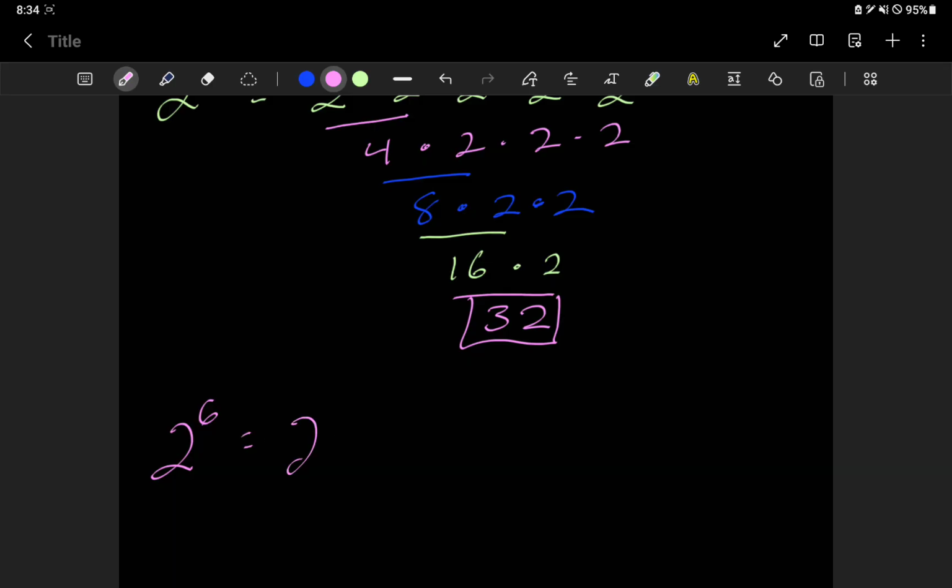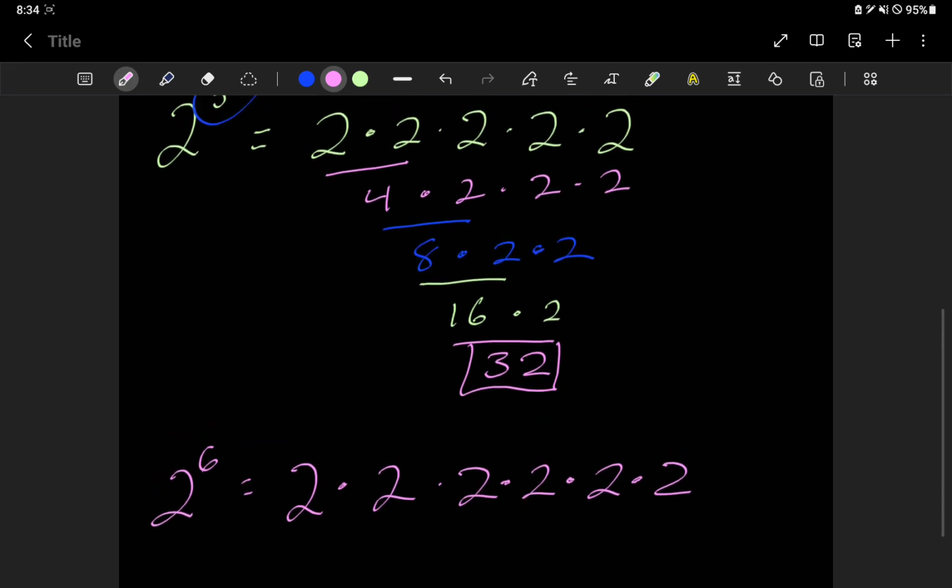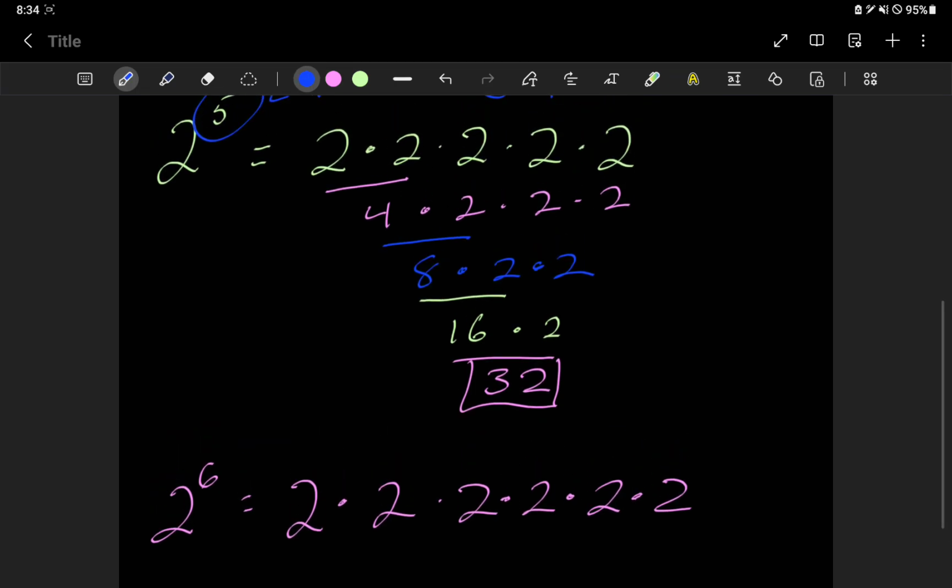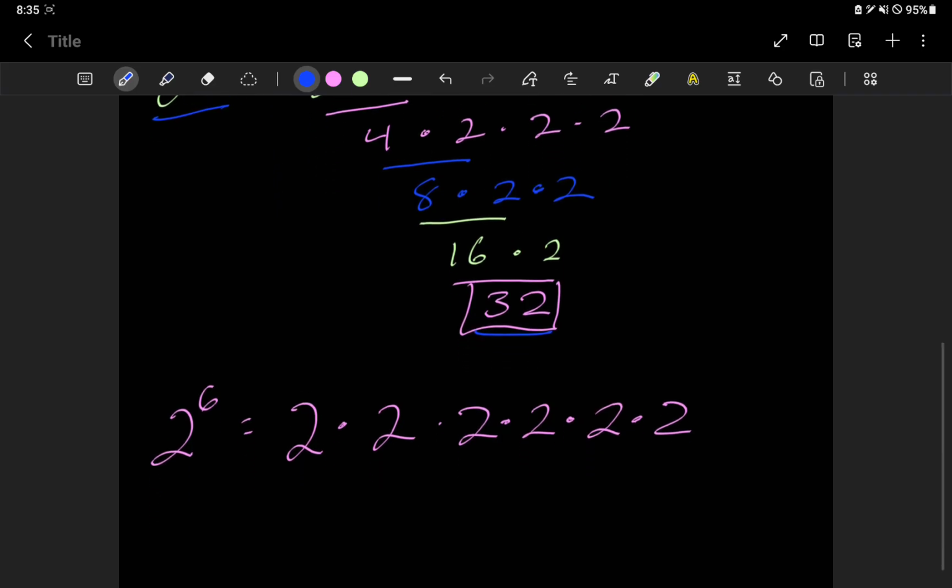Well, that's 6 2's. So 2, 3, 4, 5, 6. Well, from the previous question, we know that 5 2's is 32. So 1, 2, 3, 4, 5.